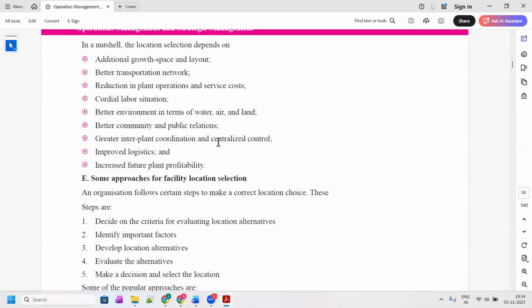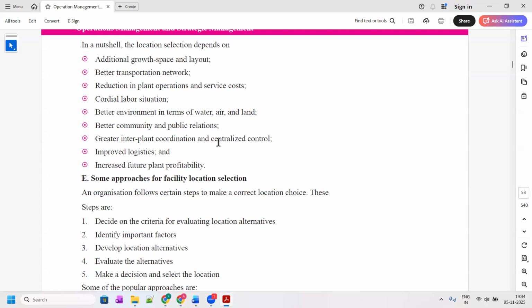If you are closer to the end consumer, it would be easier for you to do your business and generate revenue. But if you try to get closer to your consumer, that will increase your cost of production, in the sense that the labor cost, or the land cost, or renting or leasing cost would be very high.